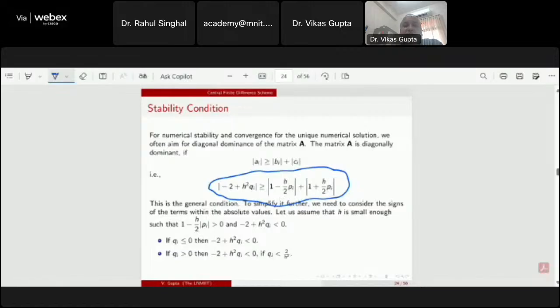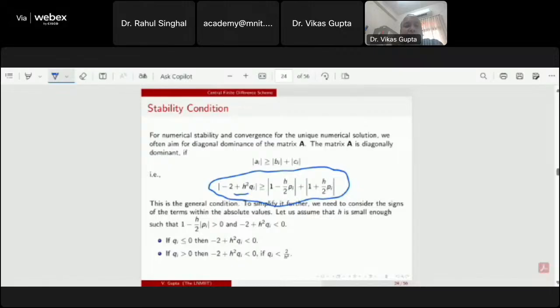So first we assume that h is small enough so that 1 minus h by 2 mod Pi is greater than 0, and minus 2 plus h square qi is less than 0. If minus 2 plus h square qi is less than 0, then the absolute value of minus 2 plus h square qi will be equal to minus of that quantity.